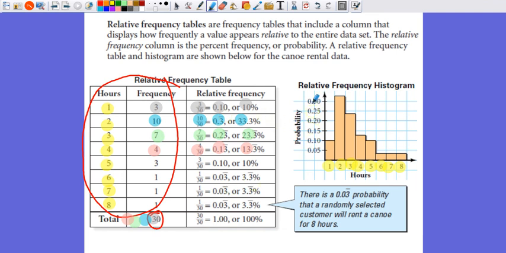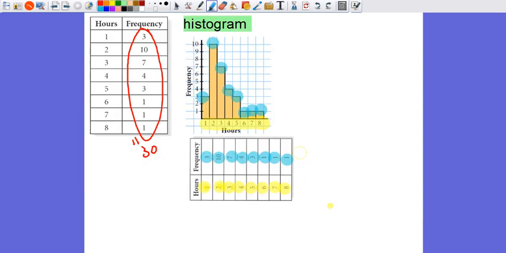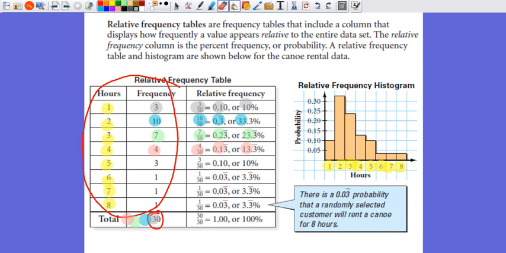They use decimals here. Let's switch this to purple. This 0.1, boom. This 0.3 repeating, boom. 0.23 repeating, boom. 0.13, boom. Like I said, you can use percents here instead.